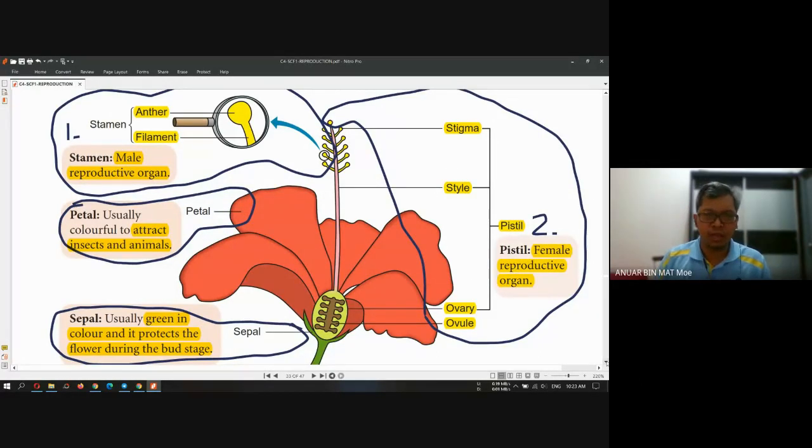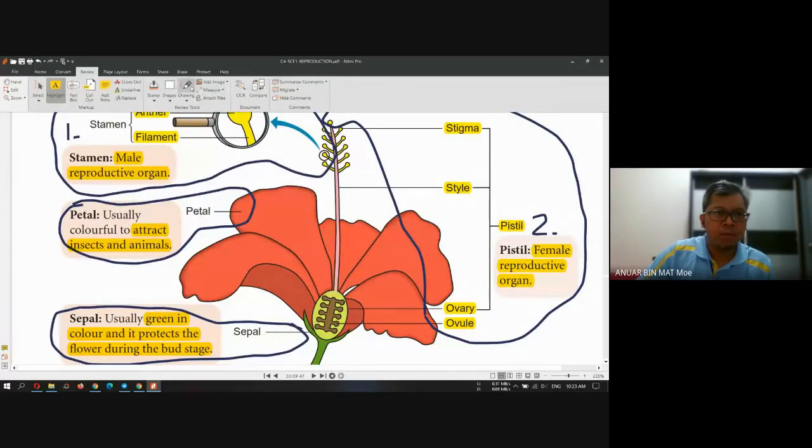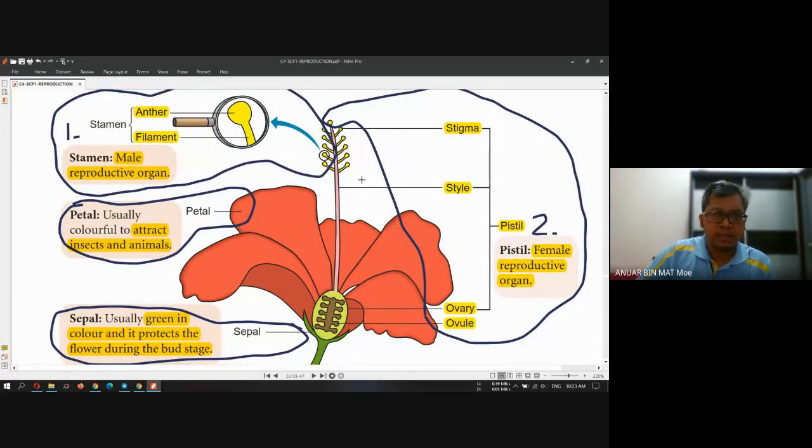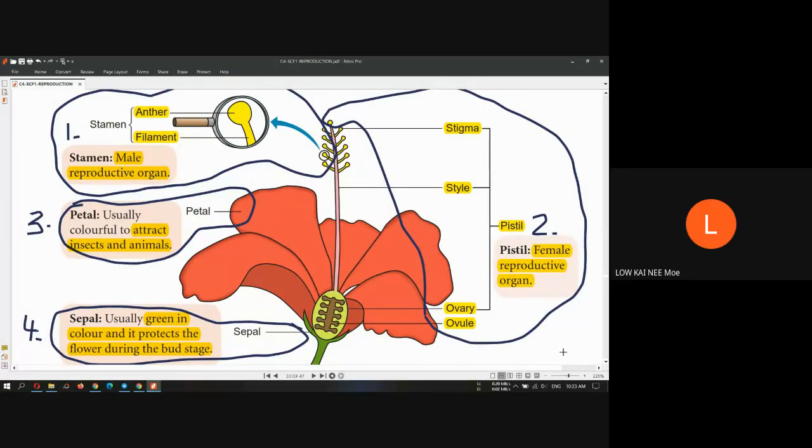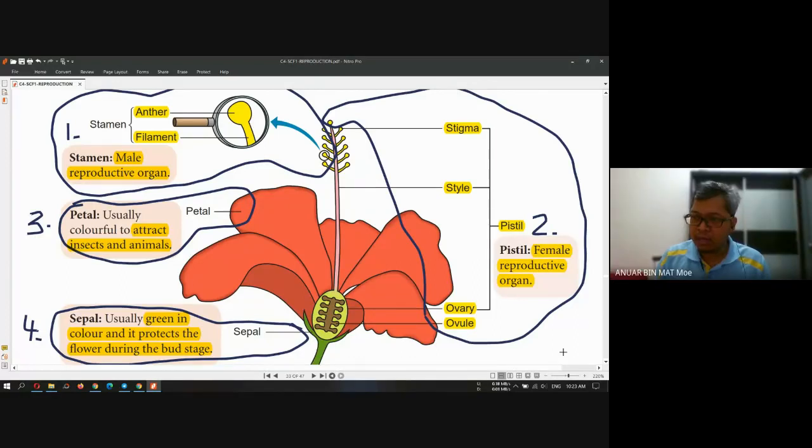Again, number one is stamen, number two is pistil, number three is petal, and number four is sepal. Which parts of the plant do not directly get involved in the reproduction of the plant? 1, 2, 3, or 4? Number 3 and number 4. Number 3 and number 4.